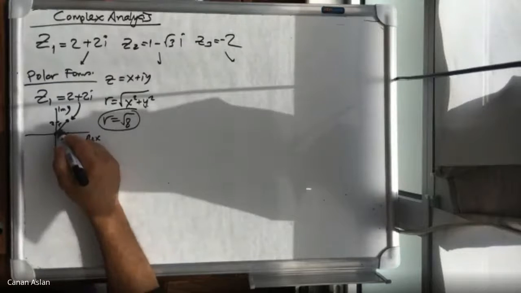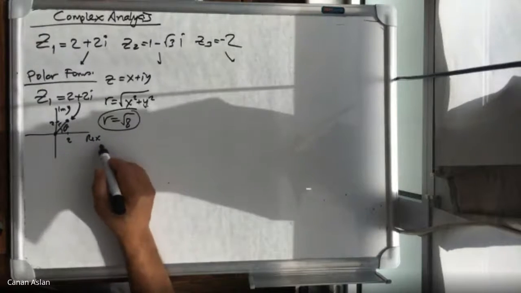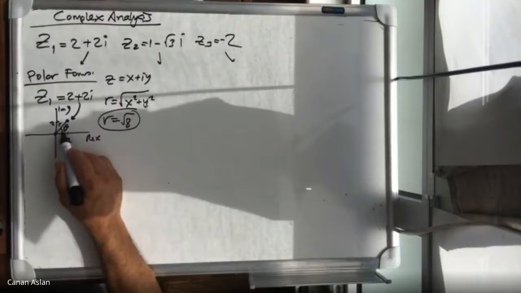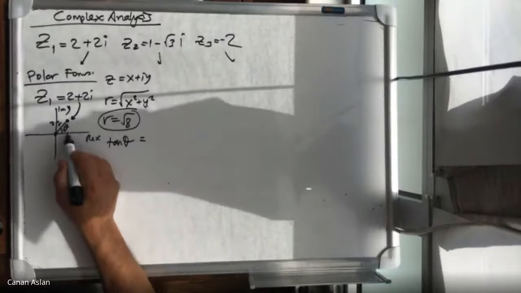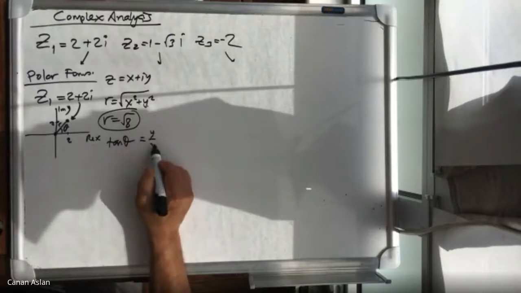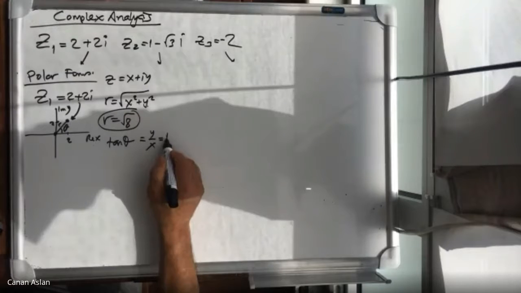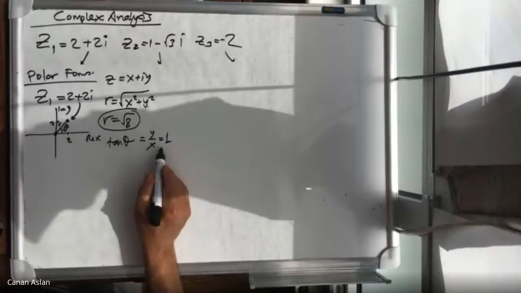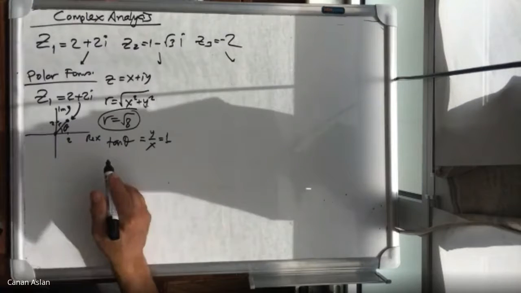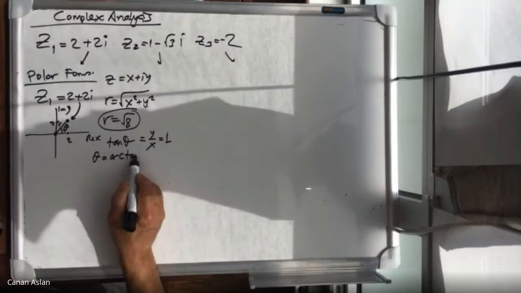Then we have to find this angle theta here. The tangent of theta is just y over x, but y and x are the same, so 2 divided by 2 gives you 1. So tangent theta is 1, and theta equals arc tangent of 1.